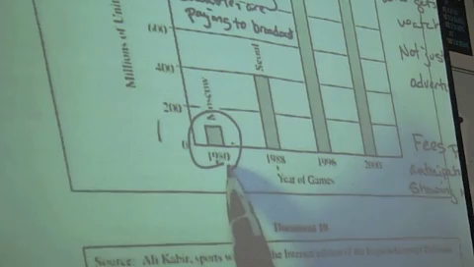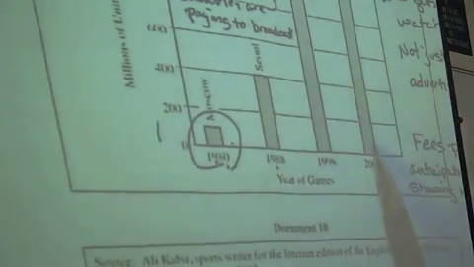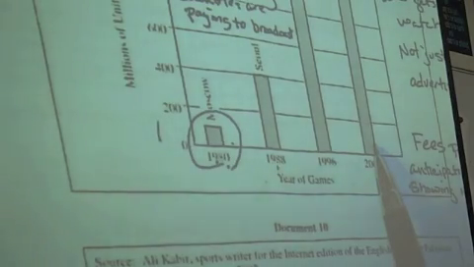Like in Moscow, how many countries were competing, versus in Sydney, Australia, how many countries are competing?